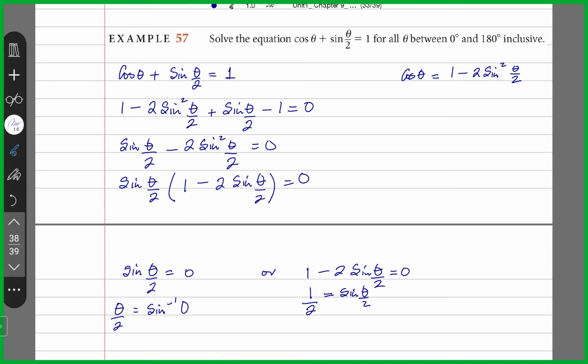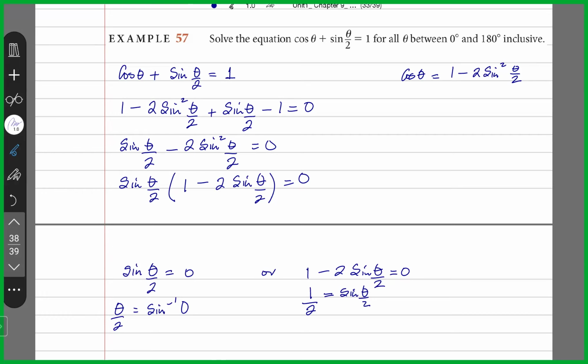If I multiply something that is in the first quadrant by 2, it could either stay in the first quadrant or go into the second quadrant. But if I multiply something in the second quadrant by 2, it's going to end up in the third quadrant. So I only need values of theta over 2 in the first quadrant.